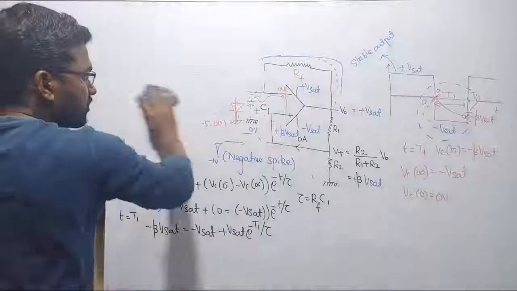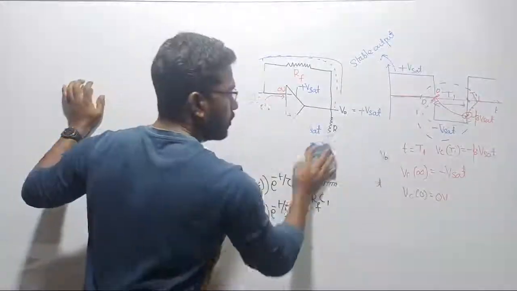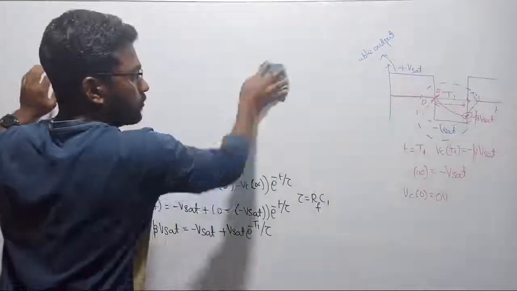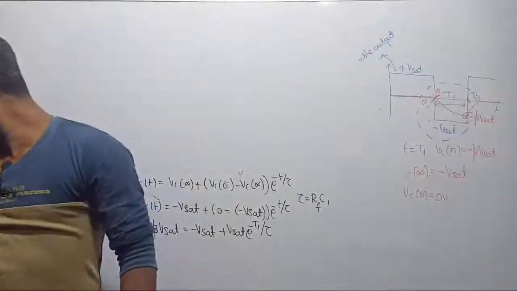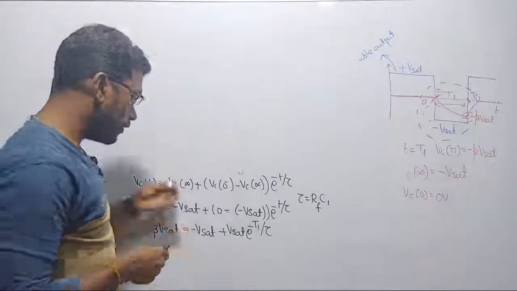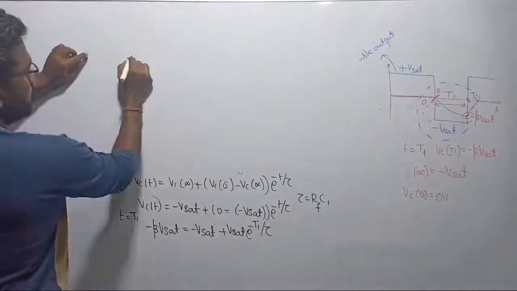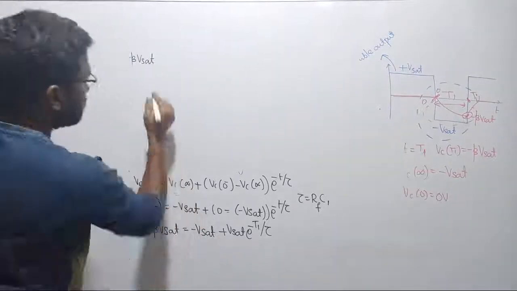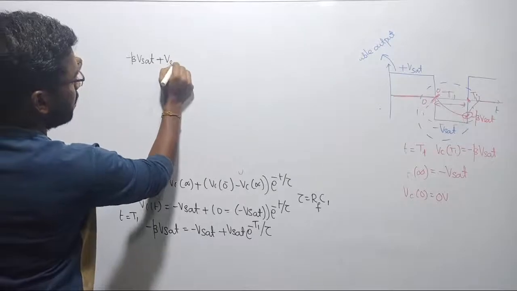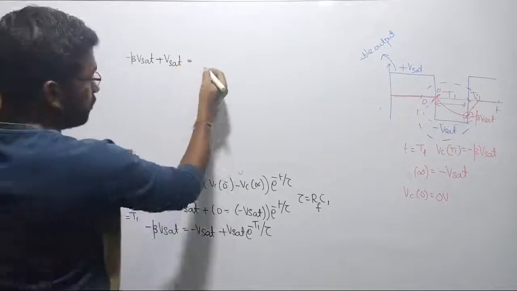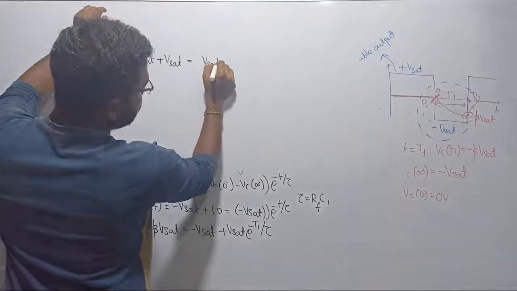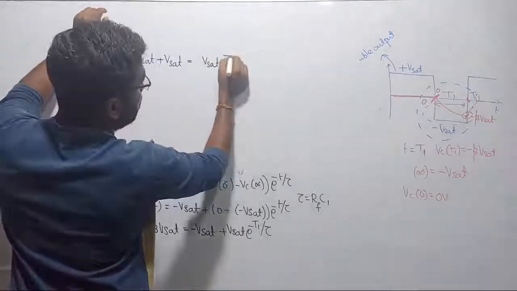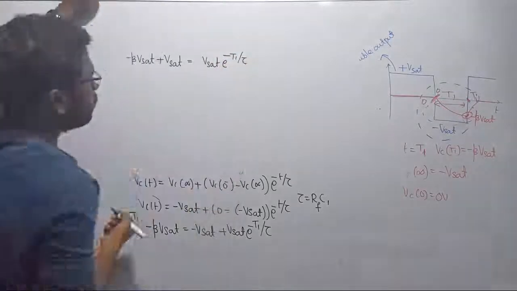There are no more things to discuss about the monostable multivibrator. So that is going to be minus beta times Vsat. Bringing this minus Vsat to the left side, it becomes plus Vsat, which will be equal to Vsat into e power minus t1 by tau.